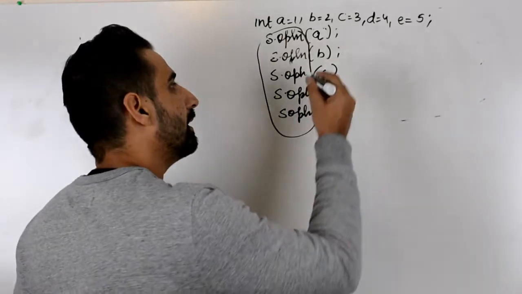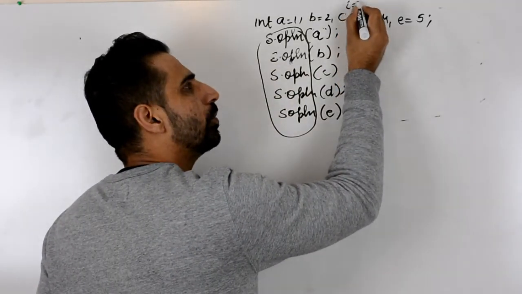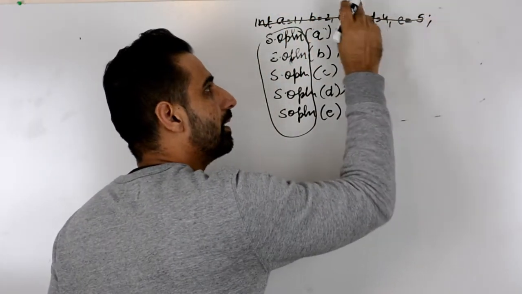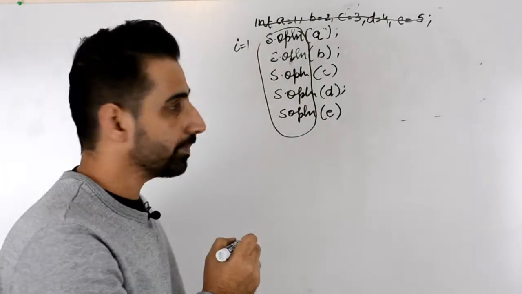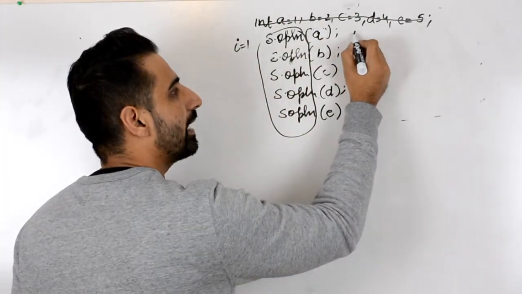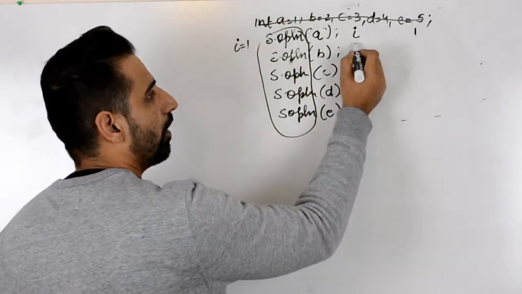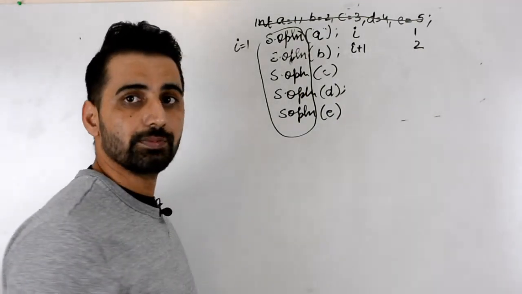If that is the case, I can put the value of i as 1, if I don't want to use a, b, c, d. So I'll write i equals 1. Instead of a, if I write i, it will print 1. Instead of b, if I write i plus 1, what will it print? 2.